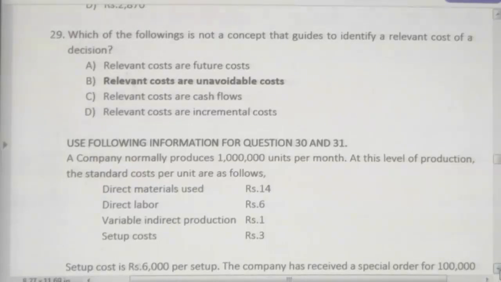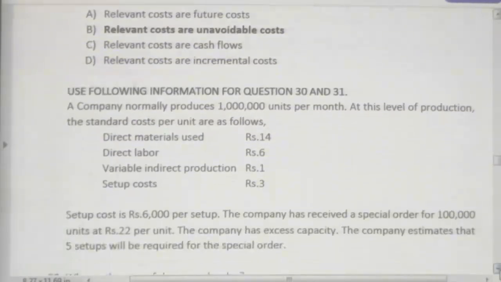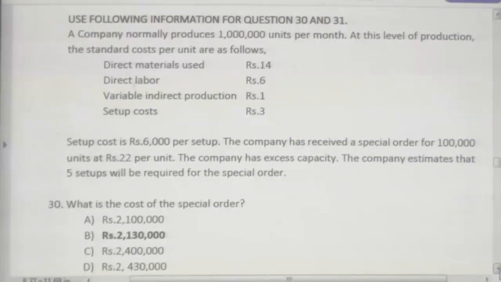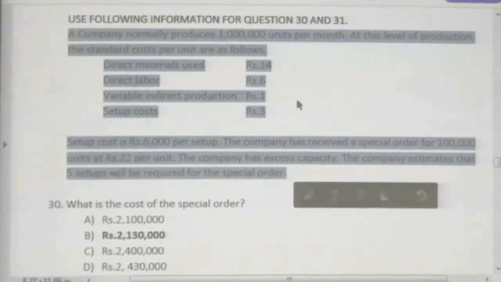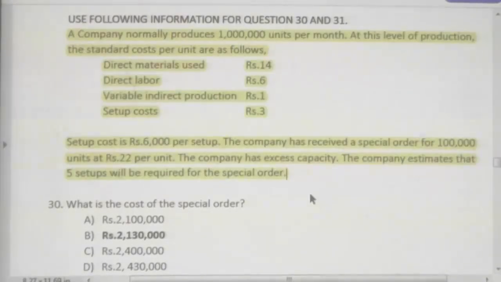Now, for question number 30 and 31, we have to use the information given here. Let's read this information, because for both questions we have to use it, right? A company normally produces 1 million units per month.